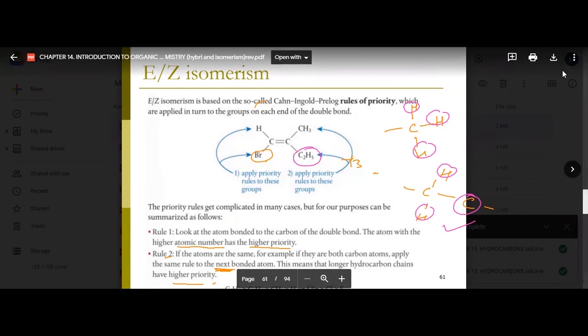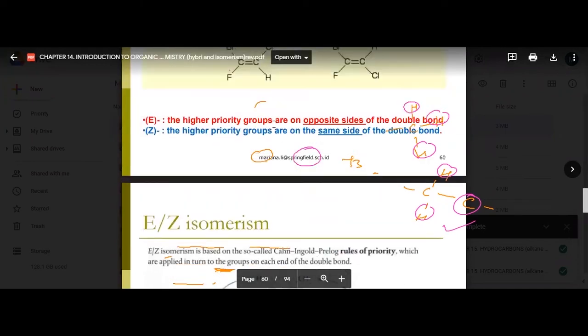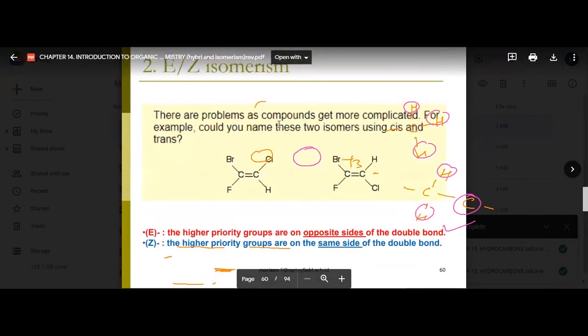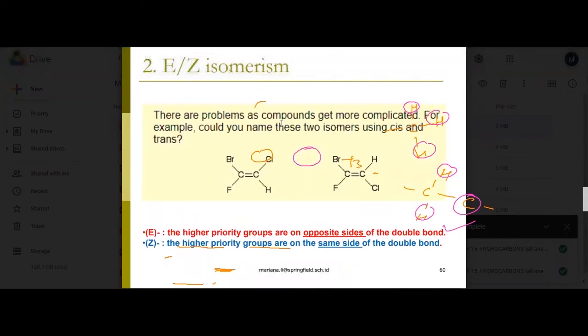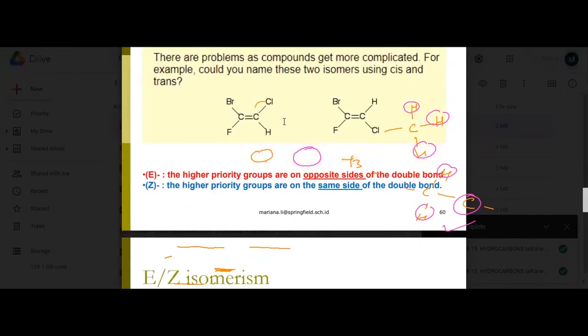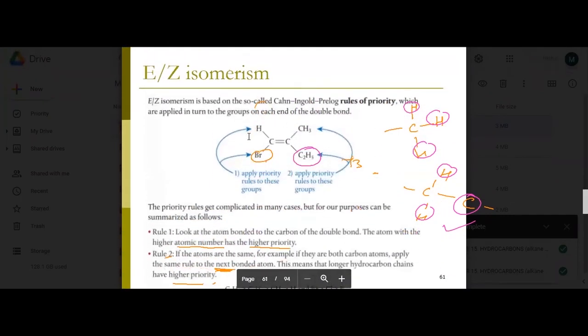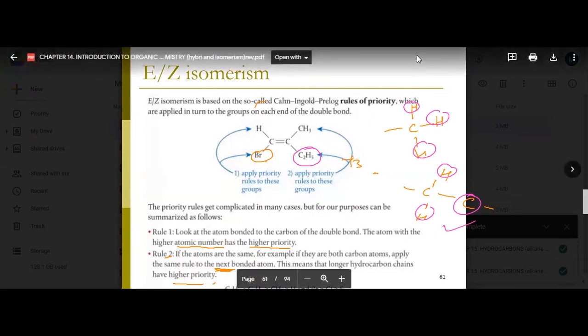If you forget, let me scroll again. E if the higher priority groups are on the opposite side, and Z if on the same side. So this is the Z isomer. How do we give a name to this compound?